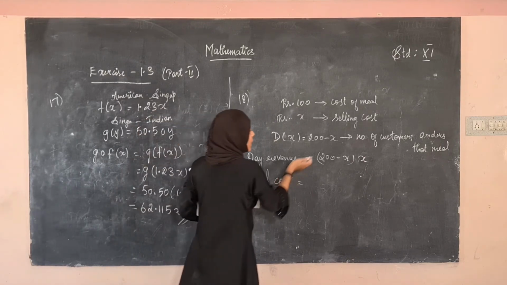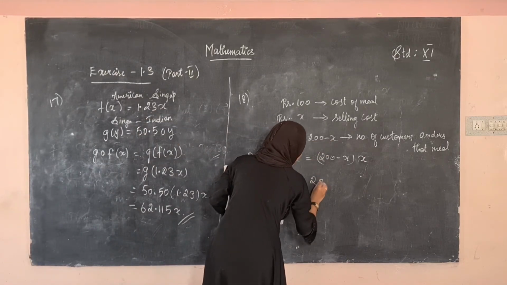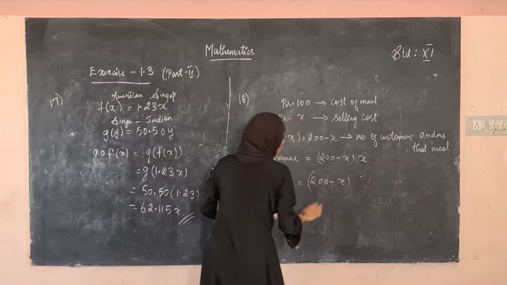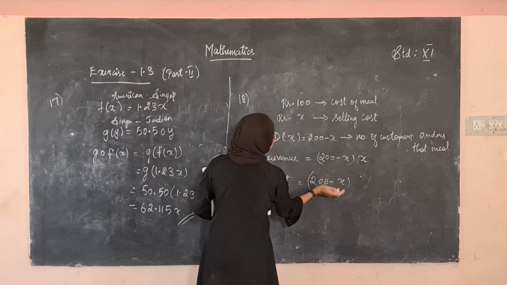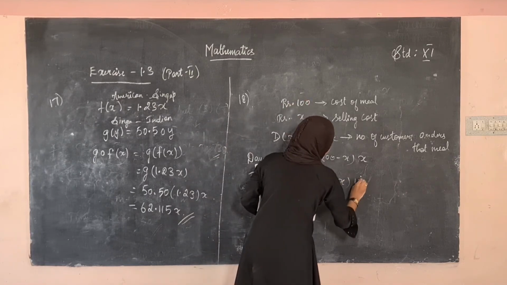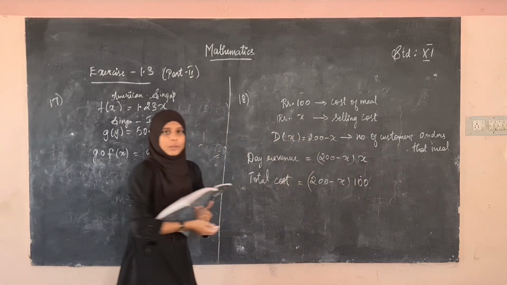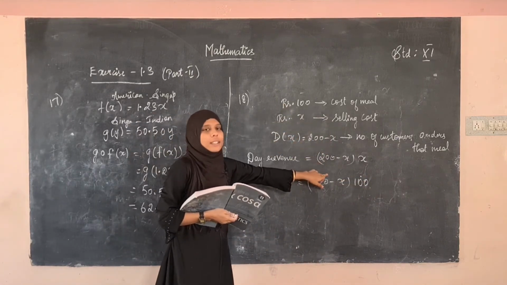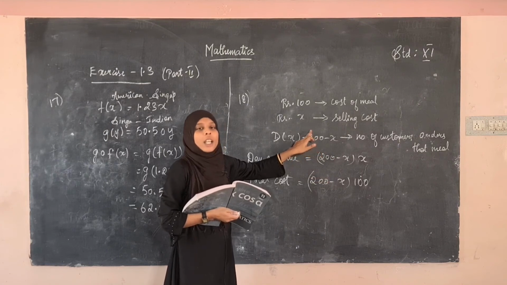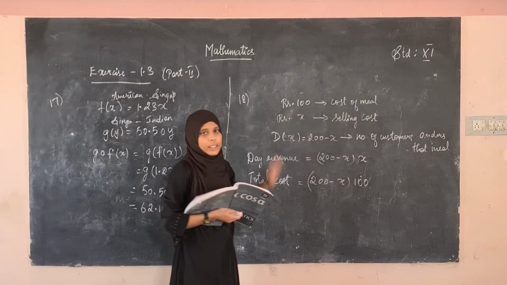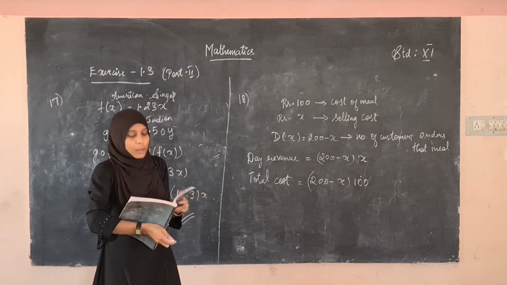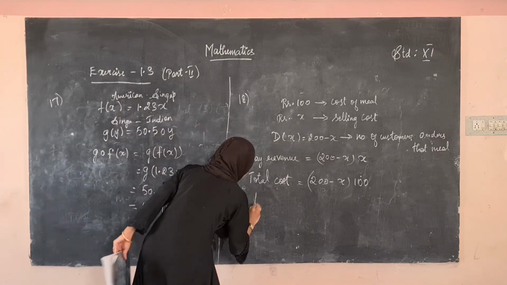So how many of them ordered that meal? 200 minus x ordered that meal. So for 200 minus x persons, 100 is used, into 100. If one meal is 100, how much for 200 minus x persons? 200 minus x into 100. This is the total cost. Now the profit.